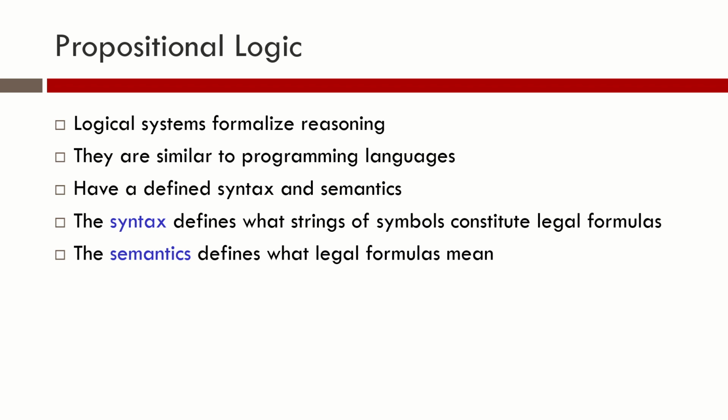If it is the C language, it will tell you how to write an assignment statement, how to write a loop, how to write a control statement like if, and so on. So, it will have a defined syntax as well as semantics. The same way, logical systems also will have a defined syntax and semantics.